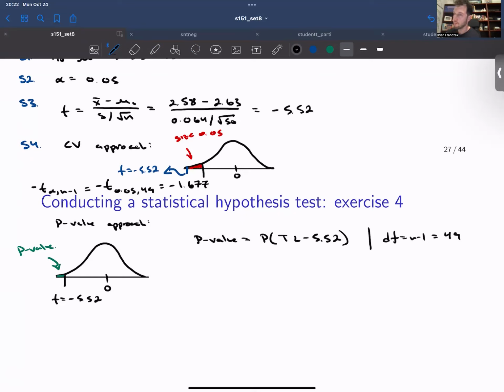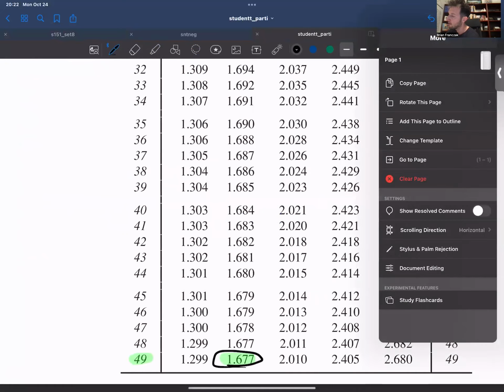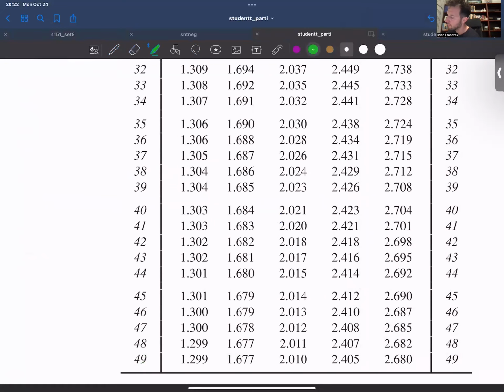As we previously established, the probability that t is less than a negative is the same as the probability that t is bigger than the positive. So we can go to our student t table. We have 49 degrees of freedom, and we can just treat our test statistic as a positive number.